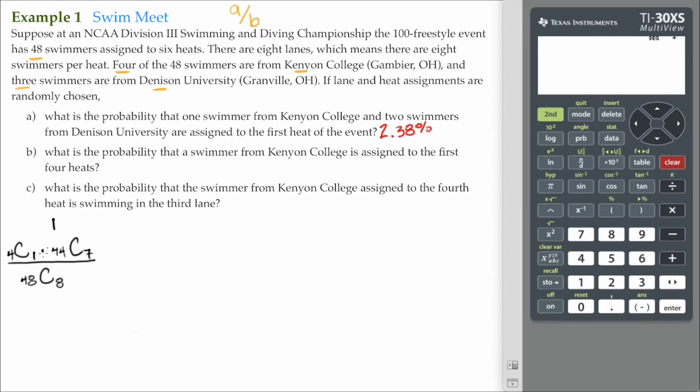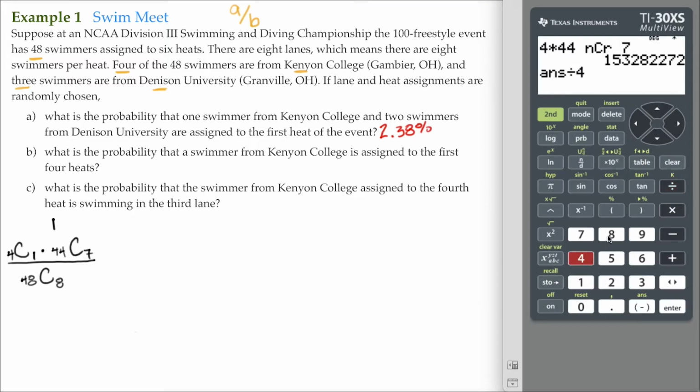Now I'm going to use my calculator to go ahead and plug this in. But this is 90% of the work right here. So now I'm going to do 4 choose 1. We know that to be 4 times 44 choose 7. Then I'm going to divide.